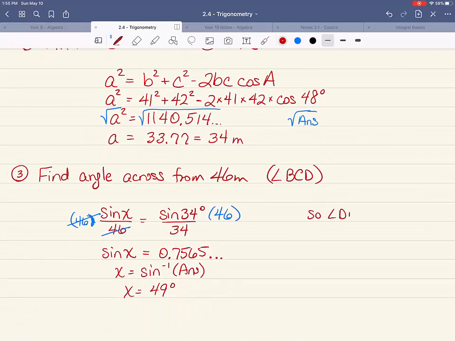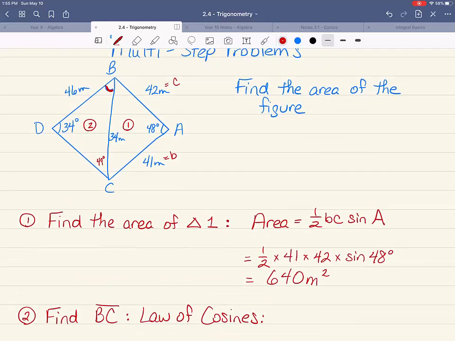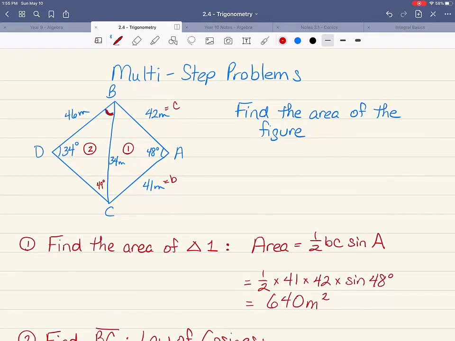So angle DBC is going to be 180 minus 34 minus 49, which will be 97 degrees. So now I know that this angle right here, that's kind of multicolored, is 97 degrees. Okay, we've gone around a long way to get the information that we need for this problem.